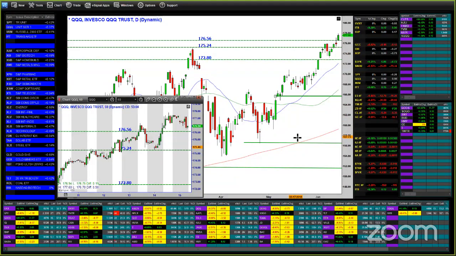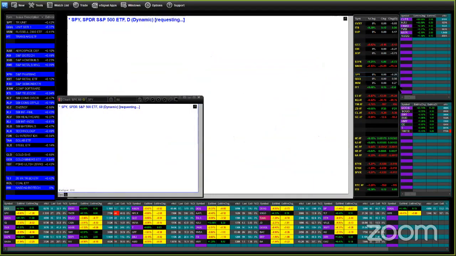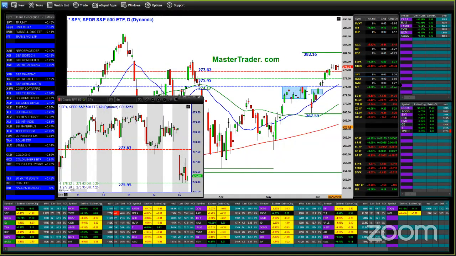One of the things that we always do is go and look at other markets and see, are the markets weaker? Do they suggest something else? Are they in alignment? And I go to the spiders. And so here we have a couple of days low, 277-ish right here.